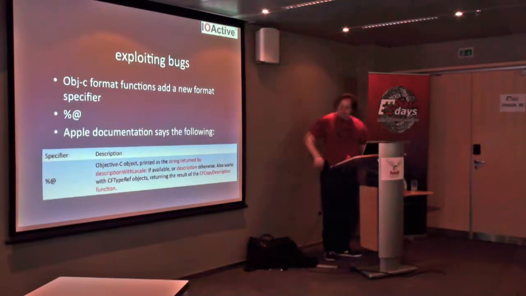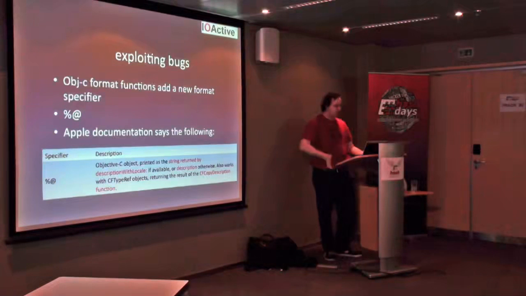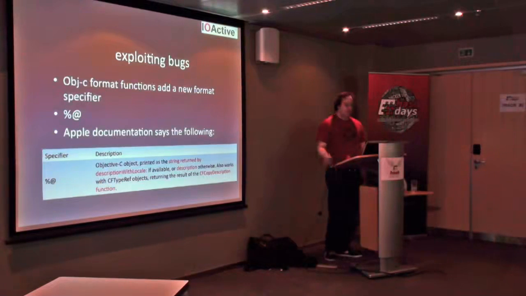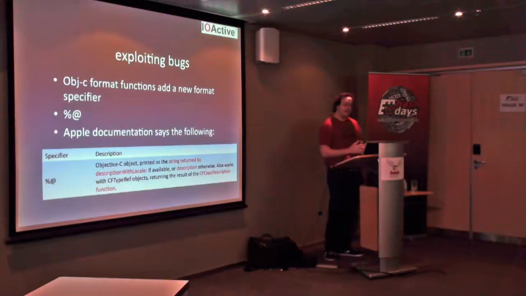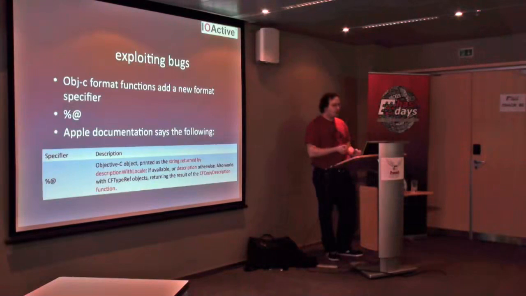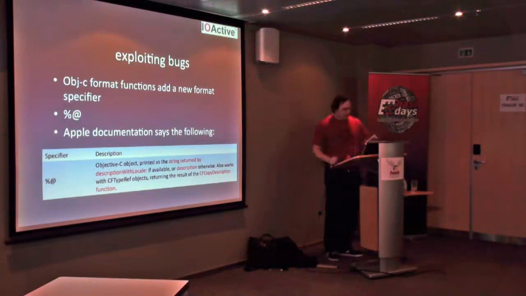What that basically means is if you use %@, it'll pop a pointer from the stack, see it as an NS object, and call a function pointer on that NS object. So while you don't get %n anymore and you don't get to write to arbitrary memory locations, what you get in return is the ability to call arbitrary function pointers, which is equally bad, and maybe even a little bit worse, because you don't have to fiddle around with memory anymore. All you have to do is basically say, hey, call this function.